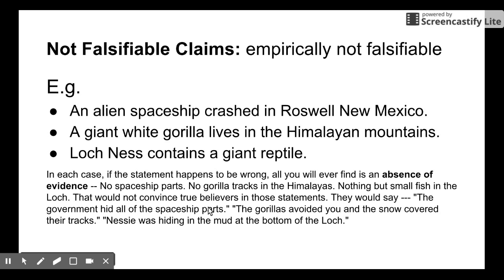So the absence of evidence cannot falsify this claim. This makes this type of claim empirically not falsifiable. In other words, we cannot use facts to prove this claim to be false. Okay.